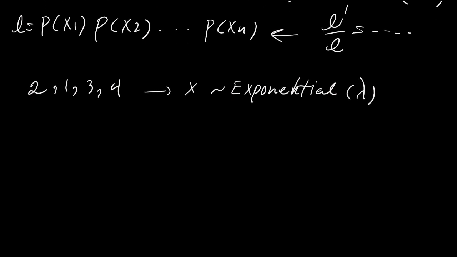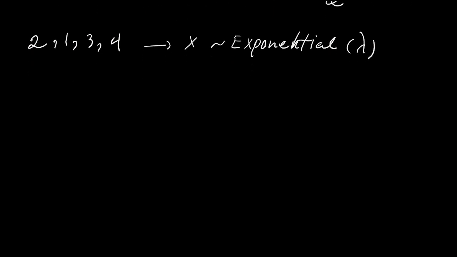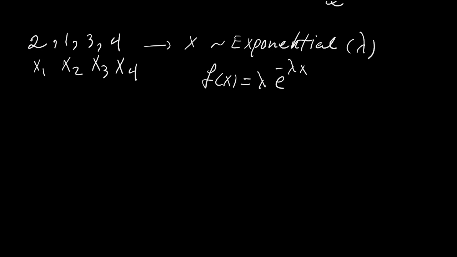So I know that for each of these random variables, x1, x2, x3, and x4, there is a function, and for the exponential it equals lambda e to the negative lambda x, where x is positive, right?